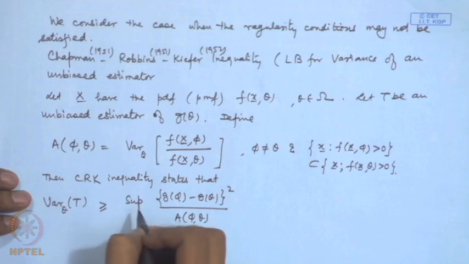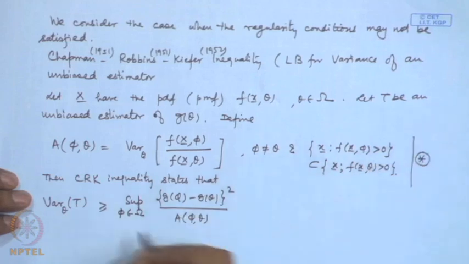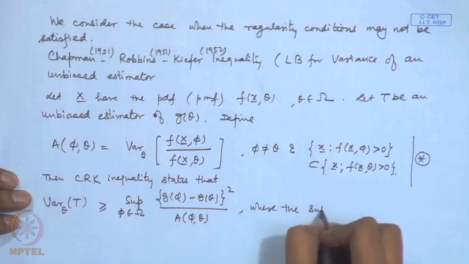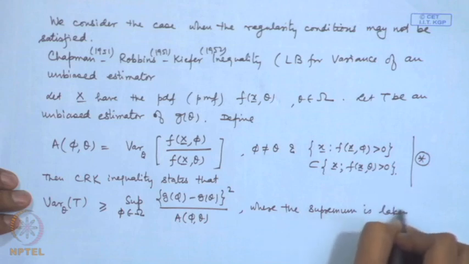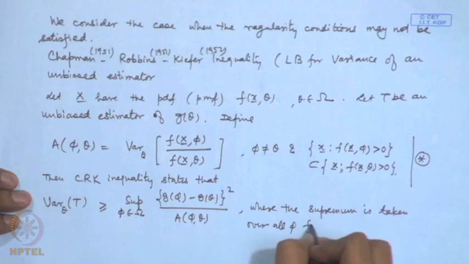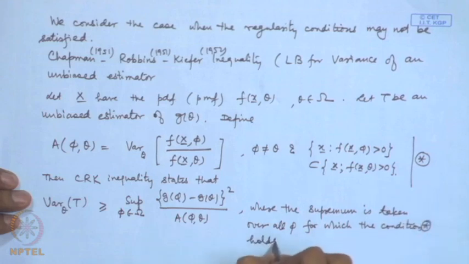Now, this supremum is considered over all phi belonging to omega. Let me call this condition star, where the supremum is taken over all phi for which the condition star holds.